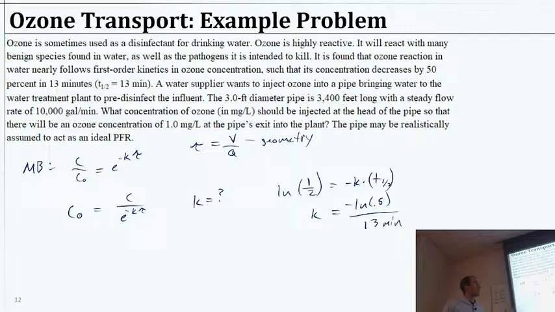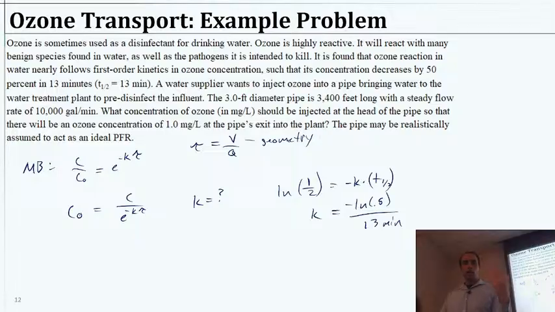But the question then is, what is our K? We need to get that from the information provided in the problem, and we can do so recognizing they gave us information about K when they gave us the half-life. Recalling what we learned earlier in the course, we can set up, using this type of kinetics, but this time just considering the time of decay in a batch situation, the natural log of 1/2, so C over C naught is 50% of what we started with, equal to negative K times the 13 minutes.